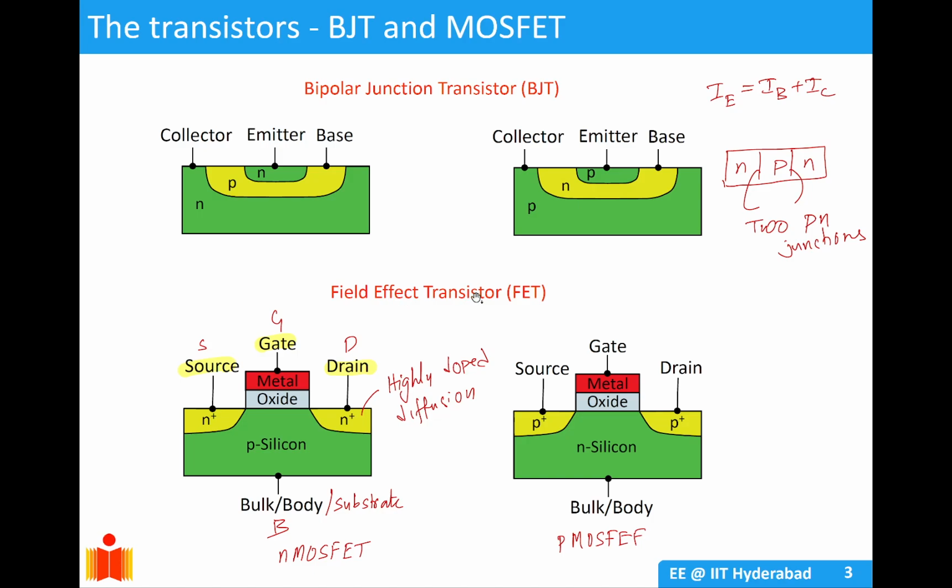Field effect transistors have slightly complicated geometry. Here you have a P type silicon on which you have grown an oxide, and then there's a metal which acts as a gate, and then you made two N plus type contacts here which act as your source and drain.